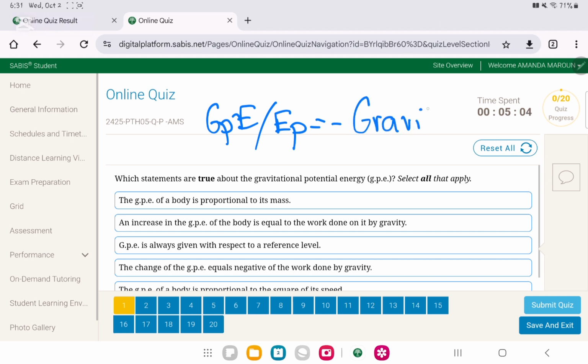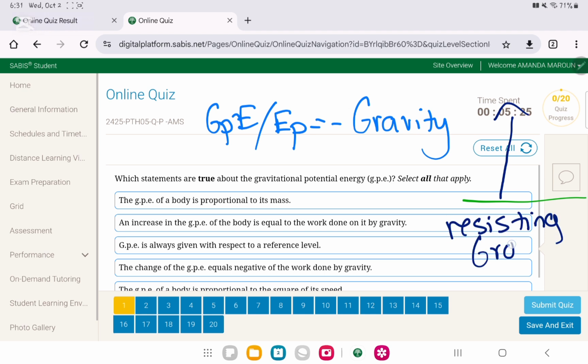done by gravity. To explain it in more technical terms, this is our surface. If we are doing a force that goes upwards, is the gravity doing work, or are we resisting the work of gravity? We are resisting gravity.